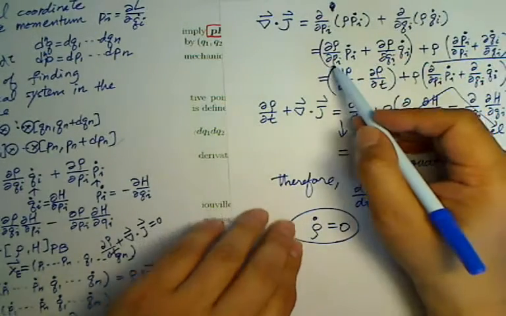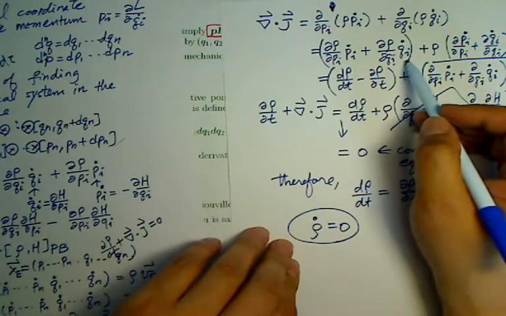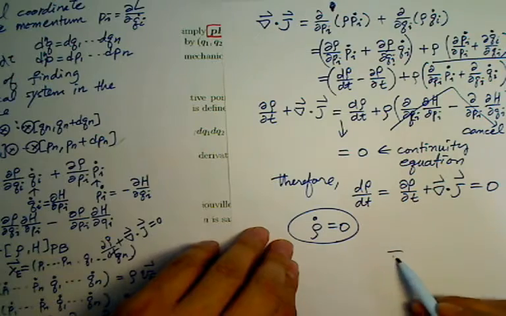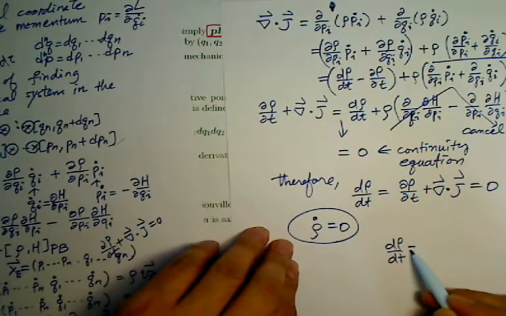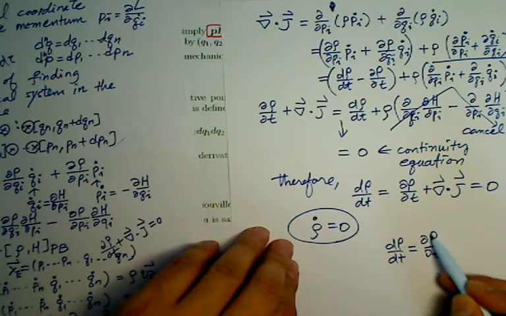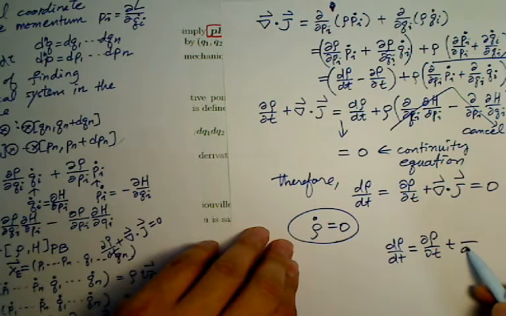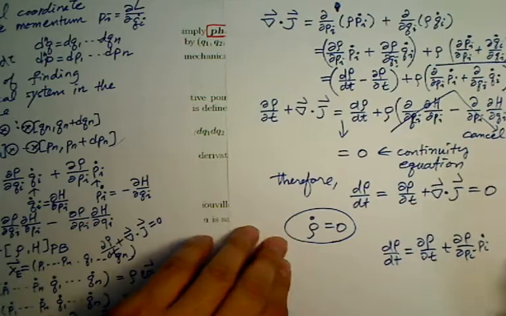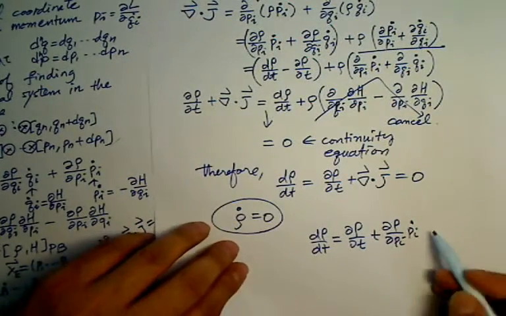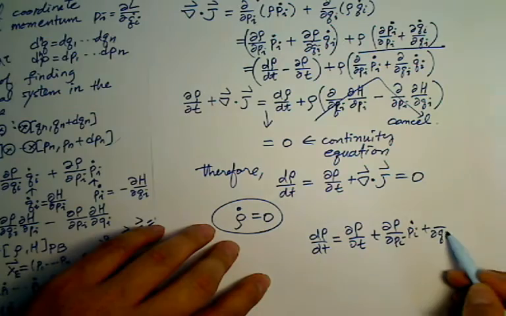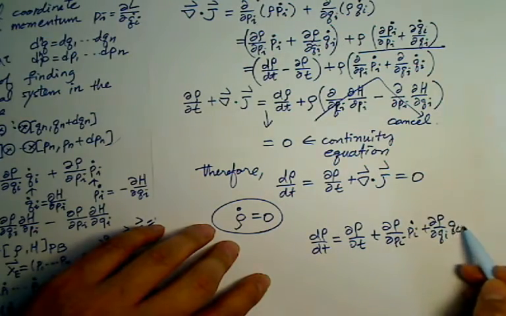We remember that the total time derivative of rho is the partial time derivative of rho plus pi partial rho times pi dot and qi partial rho times qi dot, right?